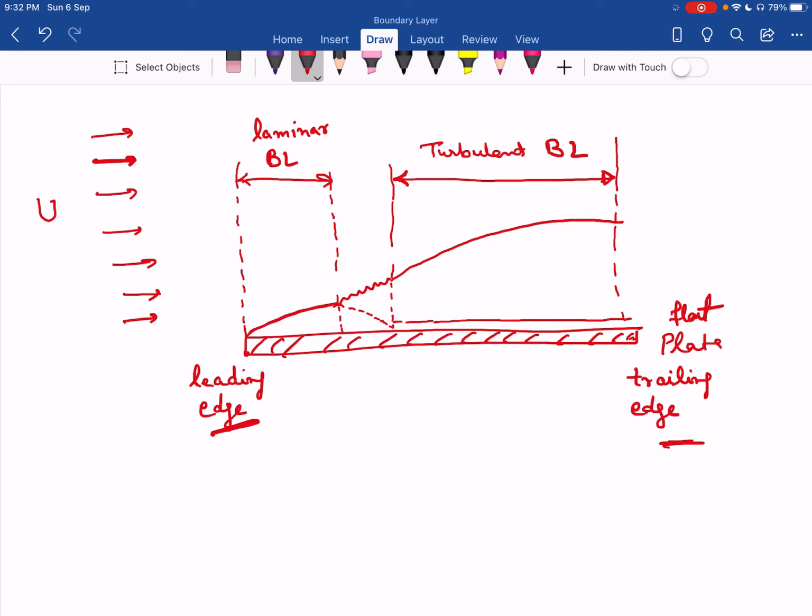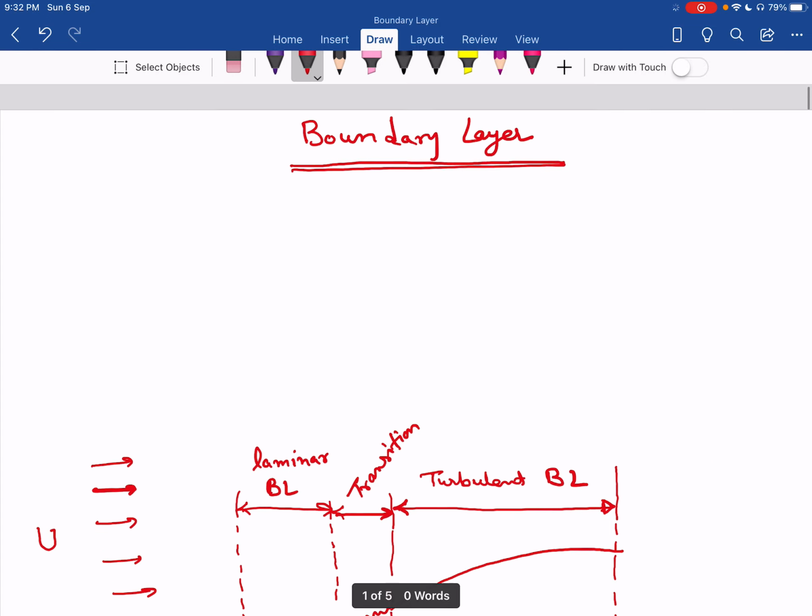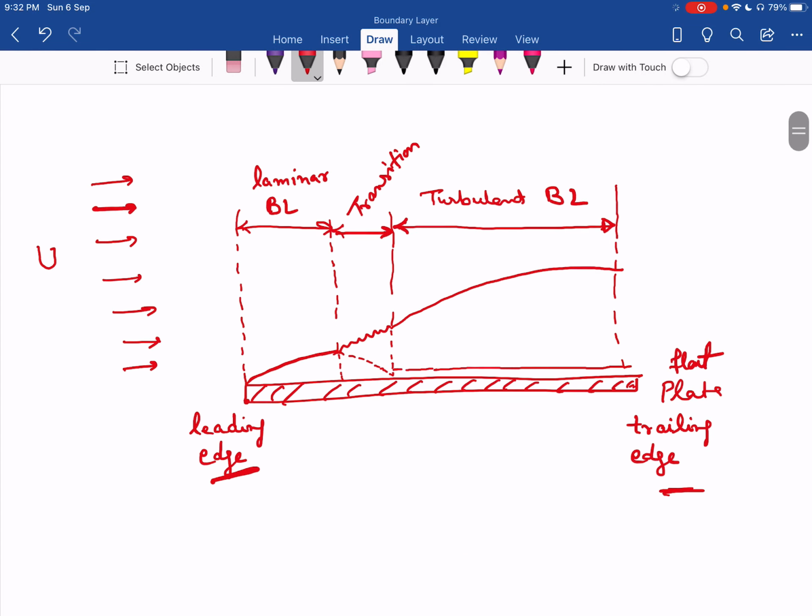In between these two layers, we have the boundary layer in transition. Okay, that is the boundary layer in transition.